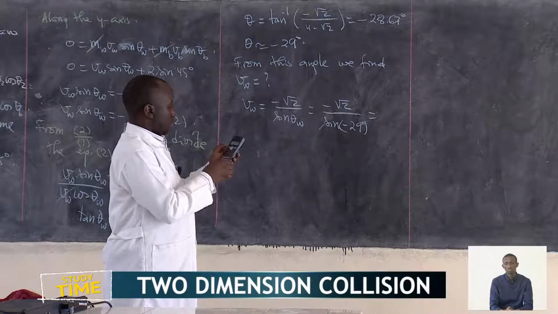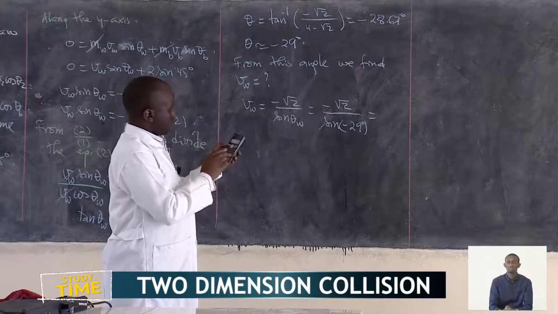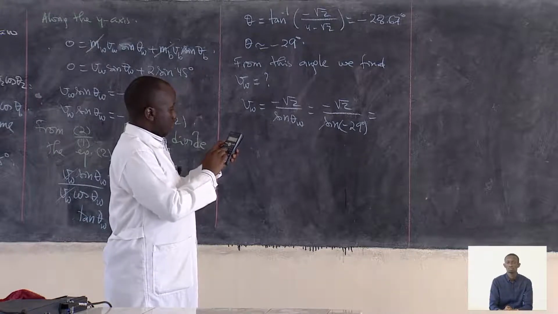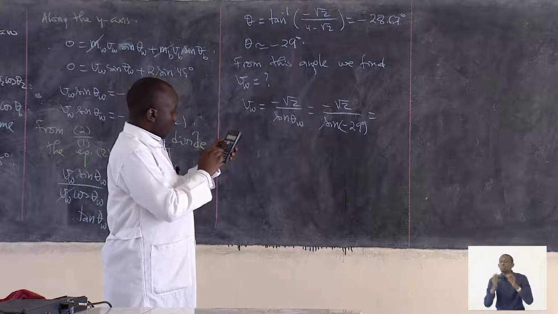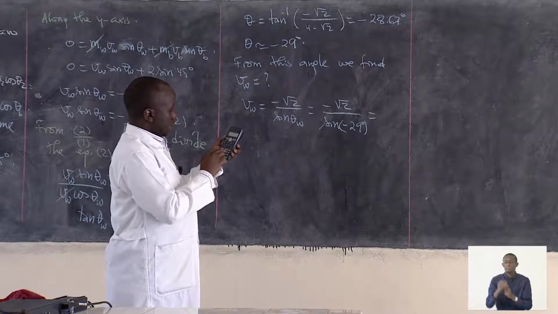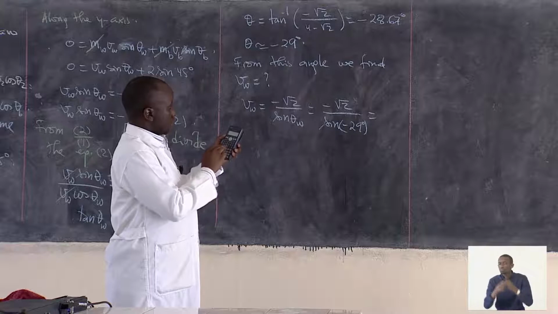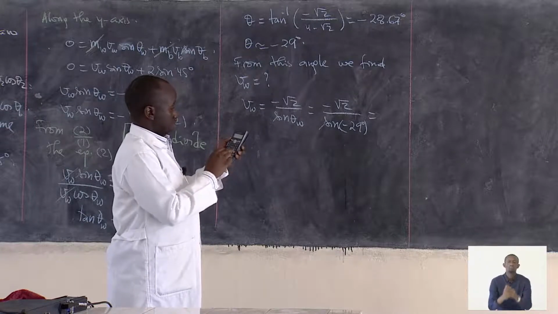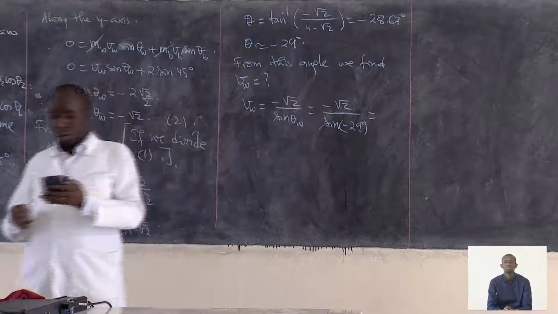So what do we find? This is minus square root 2, then over sine minus 29. Can you calculate that?